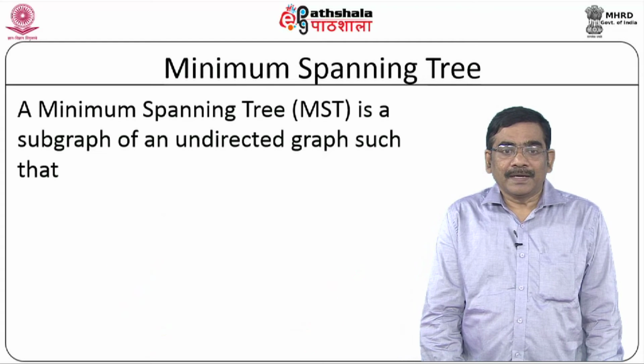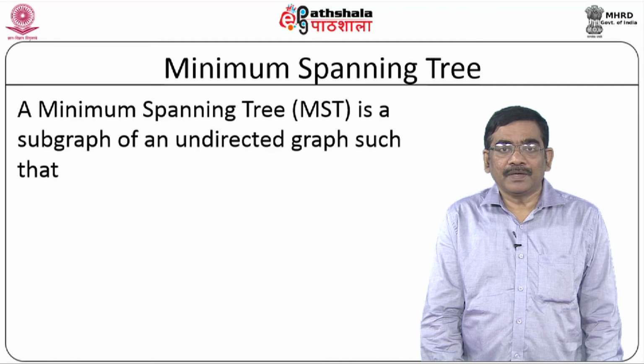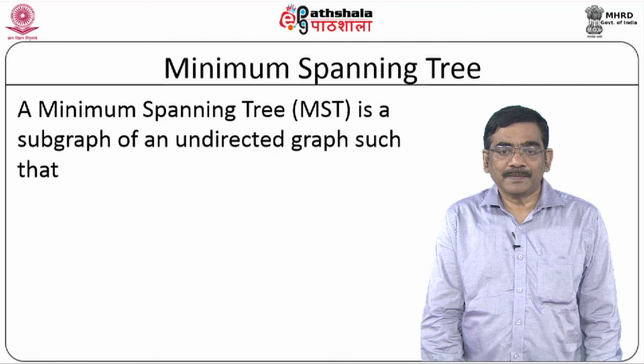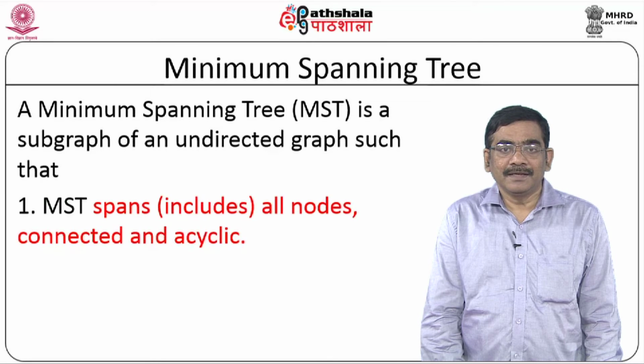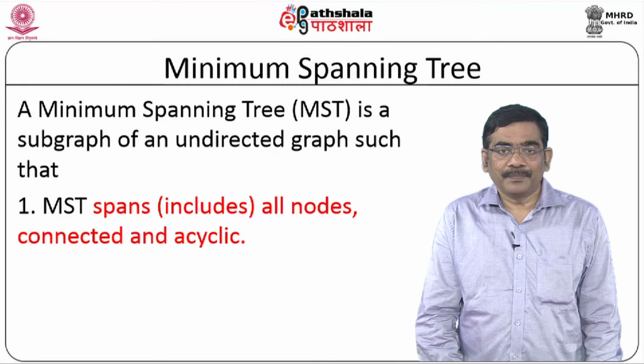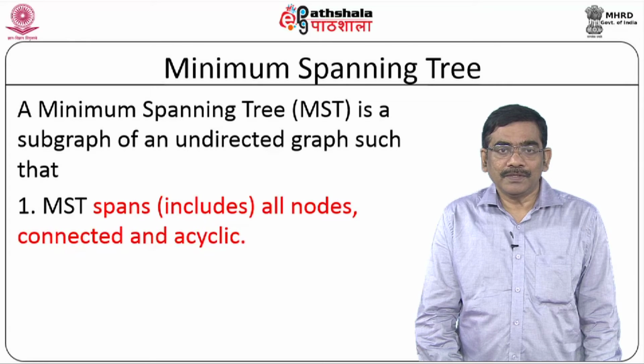So, you can put everything into a nutshell. Now you can say that a minimum spanning tree, MST, is a subgraph of an undirected graph, such that the MST includes all the nodes.